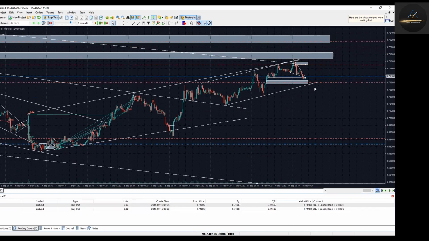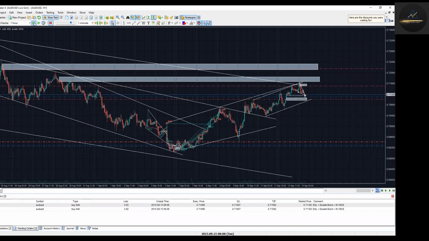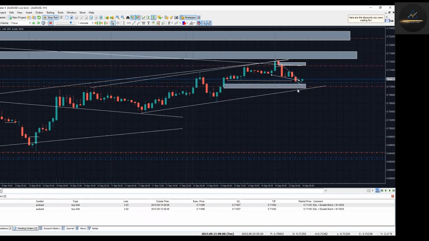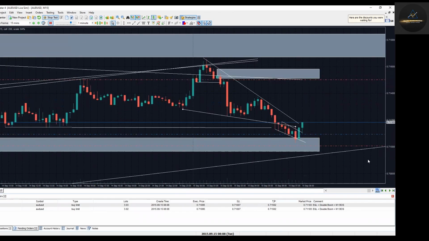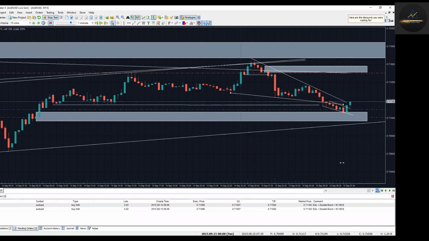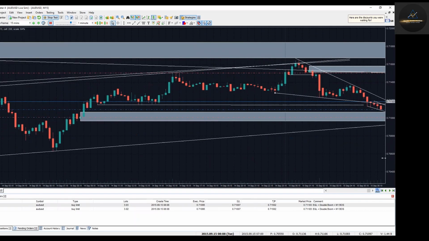We didn't quite get the third tap. You see that on the H1, we didn't quite get the third tap. Oh well, that's not good. I would prefer to have seen that.